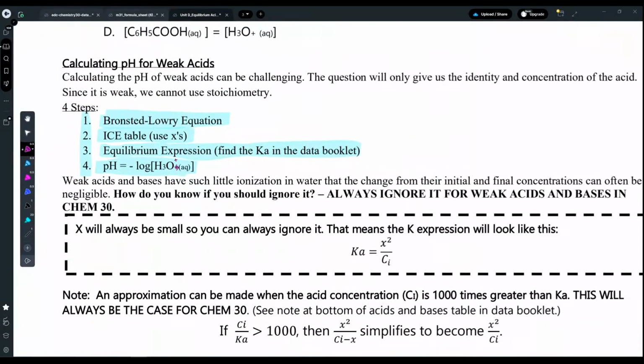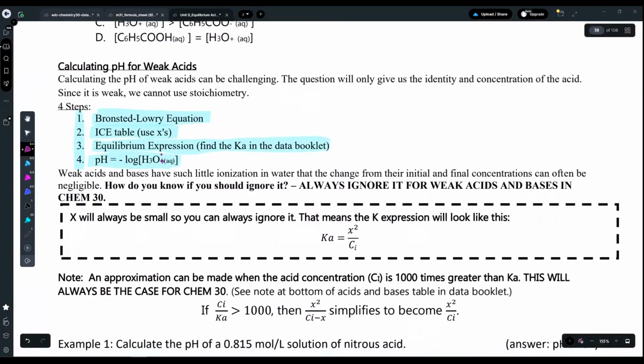Now, the thing about weak acids and weak bases is they have such little ionization in water that the change from their initial and final concentrations can often be negligible. So what that means is that the change between their initial and final concentrations, there's not going to be much of a difference.